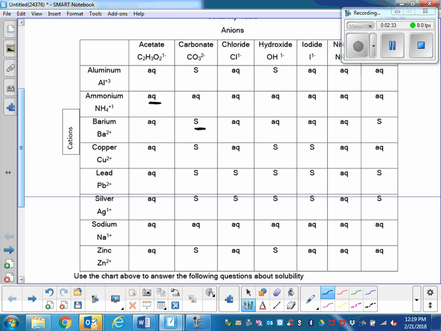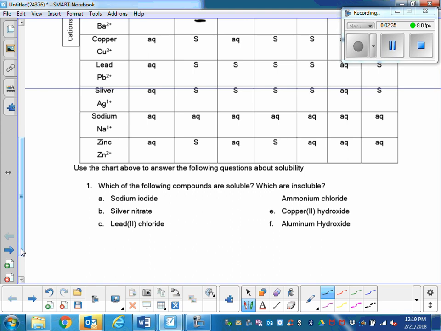So, the first thing I want my students to do is locate sodium and locate iodine in the chart. Sodium is the cation, iodine is the anion. Tell me, will it be AQ or a solid? Can I do the first one for you?